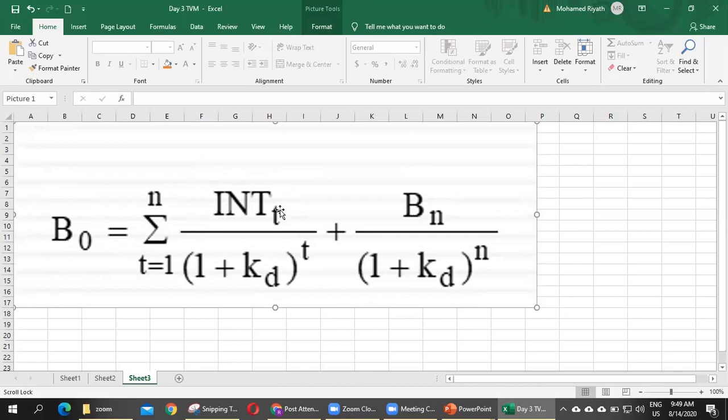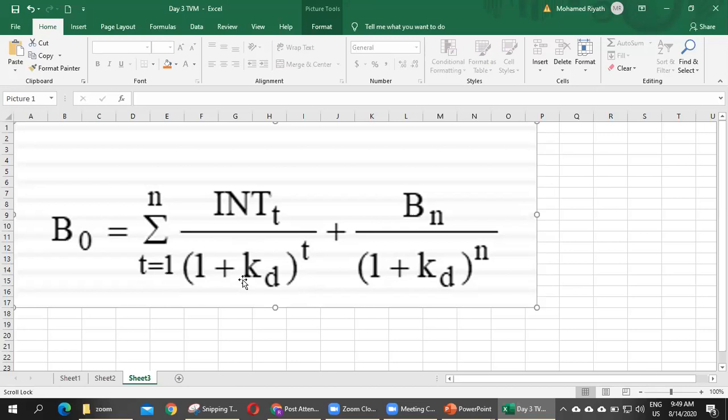Interest payment, this value also is given, maturity value, right? And they have given us cost of debt. But in this chapter, we have to find out cost of debt, right?